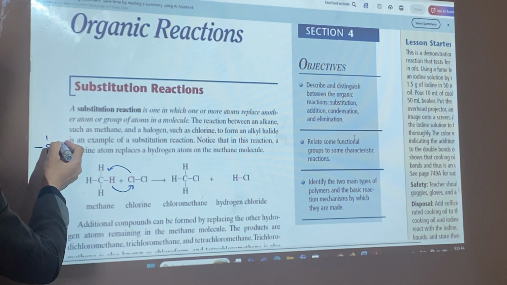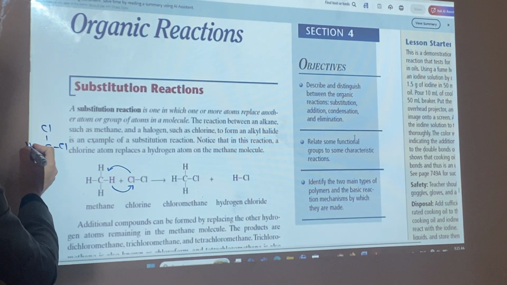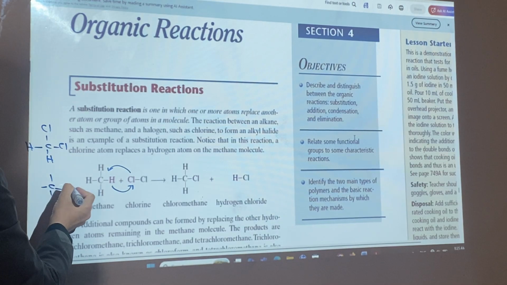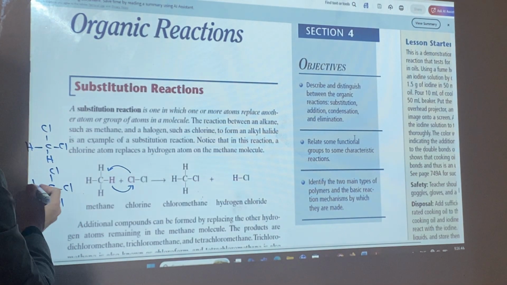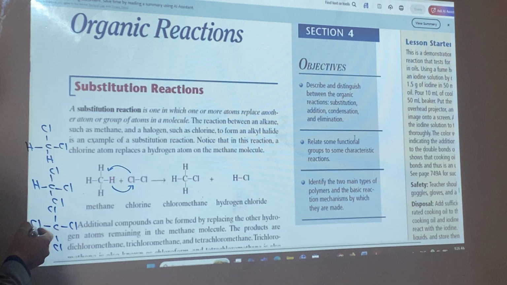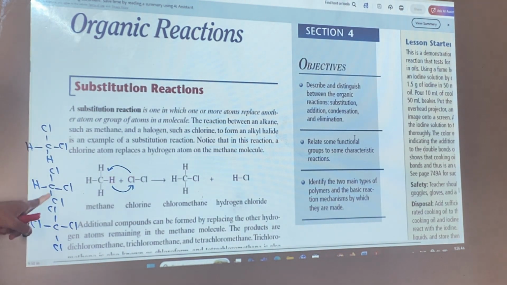We have another compound where 2 Cl replaced 2 hydrogen atoms, another where 3 chlorine replaced 3 hydrogen atoms, and another where 4 chlorine atoms replaced 4 hydrogen atoms. These compounds are called dichloromethane, trichloromethane, and tetrachloromethane.